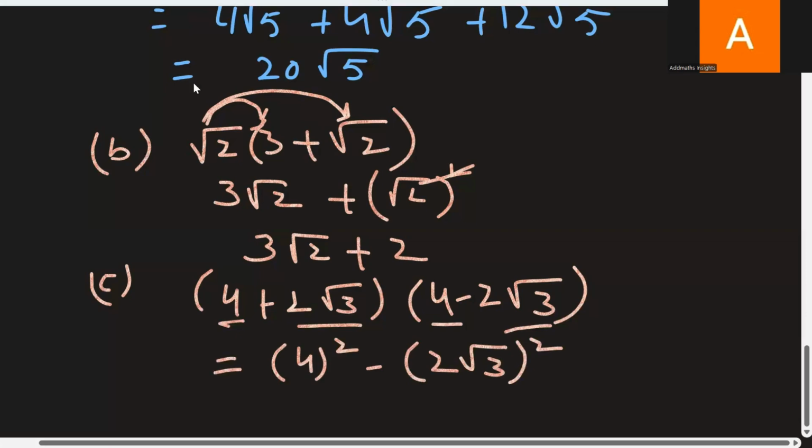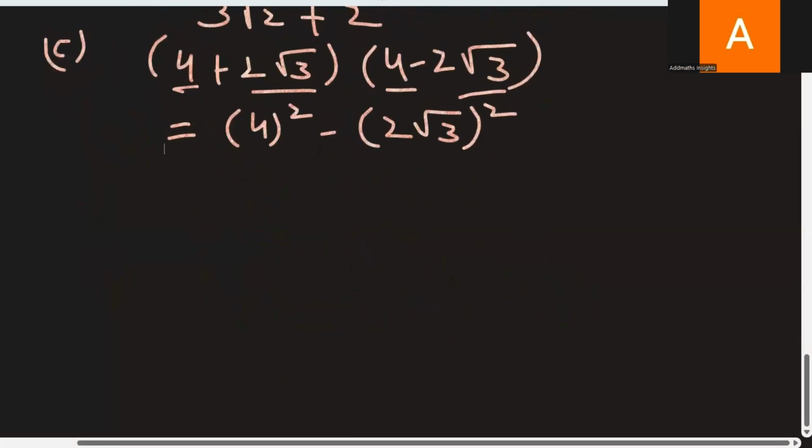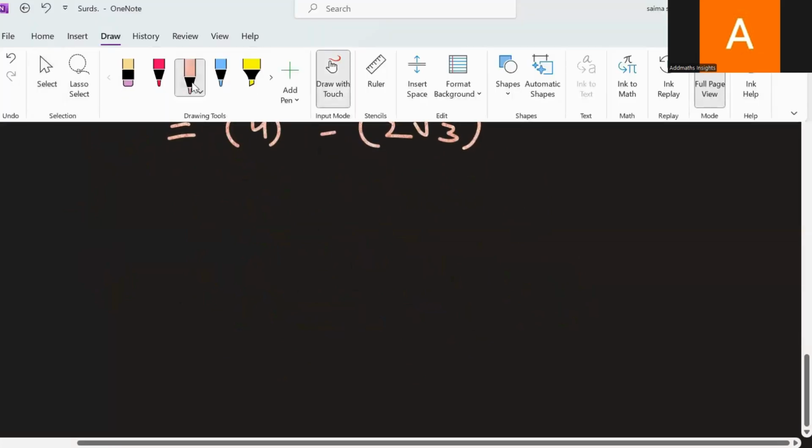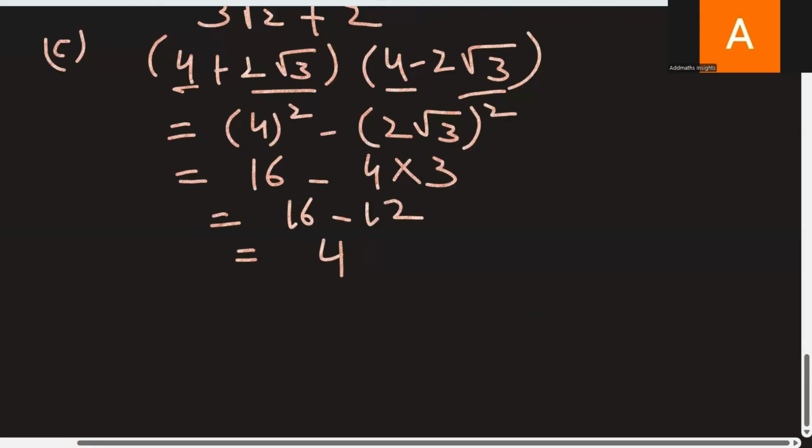Now you will learn to take the square. 4 squared is 16 and 2 squared is 4 and under root 3 squared is 3. Now 16 minus 12 is 4. So this is how you can apply identities to simplify.